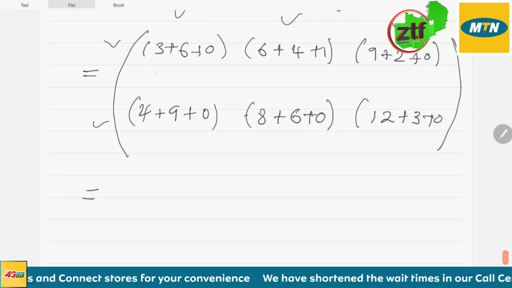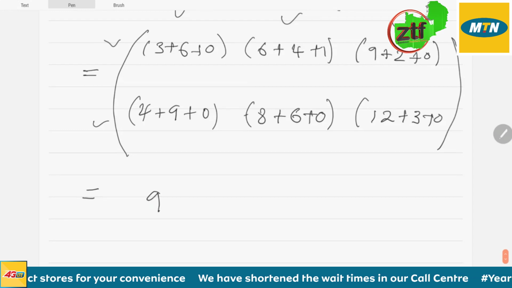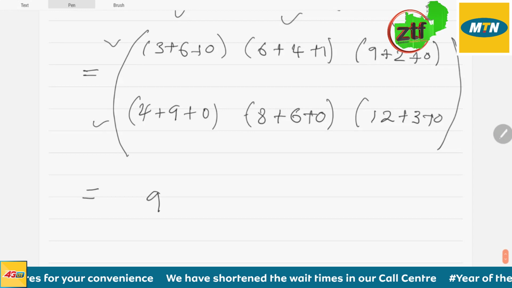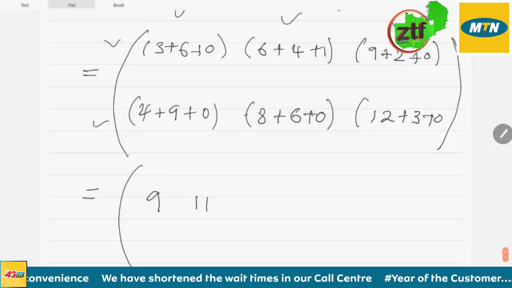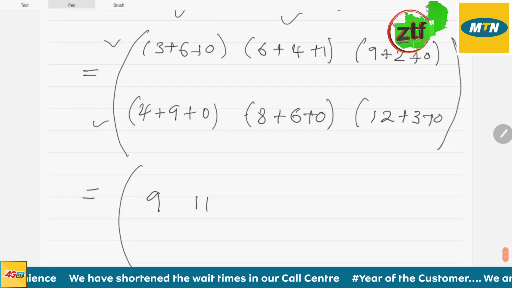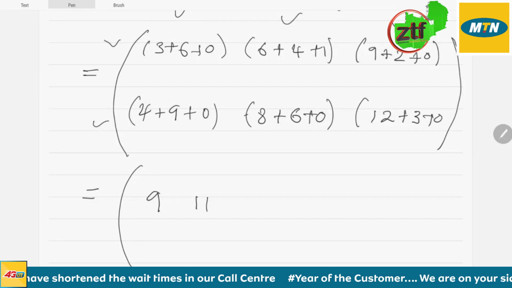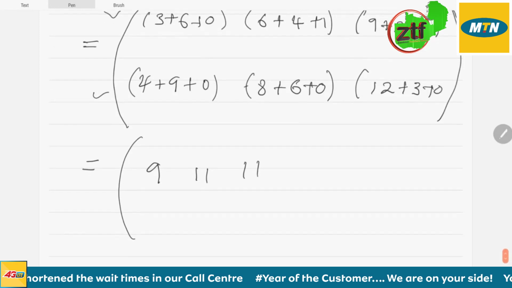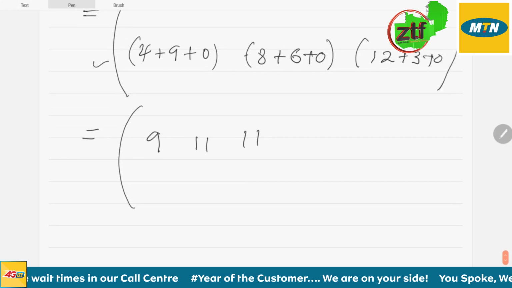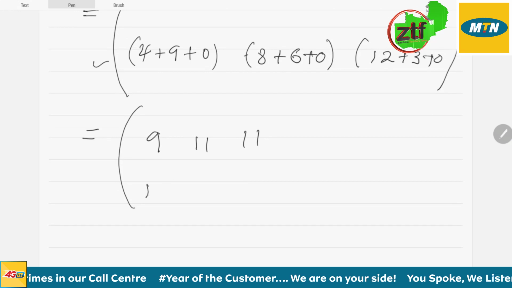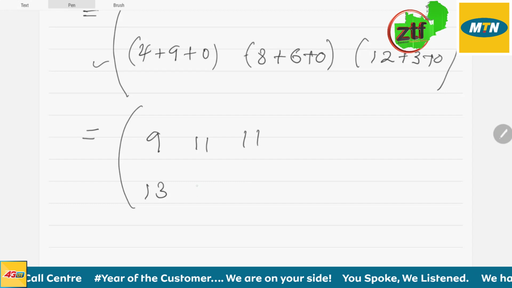When we have 3 plus 6, we get 9. So 6 plus 4 plus 1, we get 11. Then we have 2 plus 9, we have 11. 4 plus 9, that gives us 13. Plus 0, we still get 13. Then 8 plus 6, we have 14.